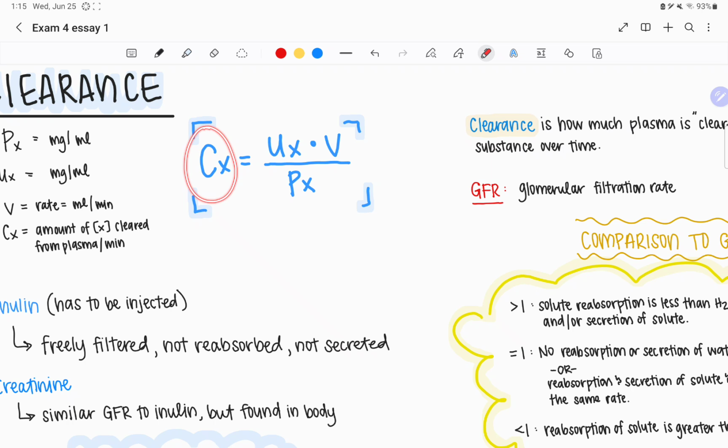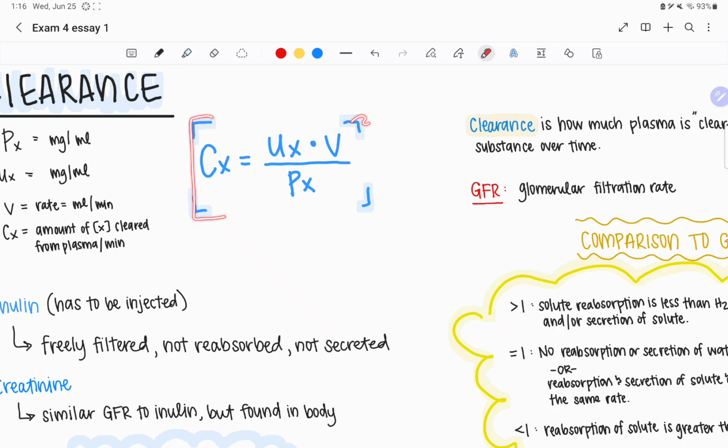So this is clearance of some substance, and this U of X stands for the concentration of the substance in the urine. This V stands for the urine flow rate, and P of X is the concentration of the substance in plasma.